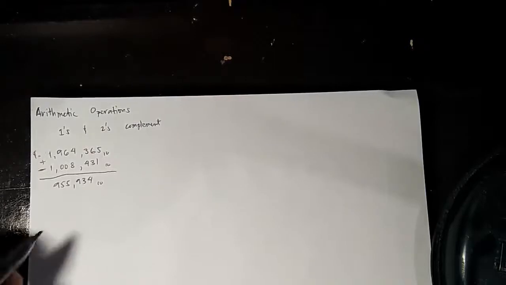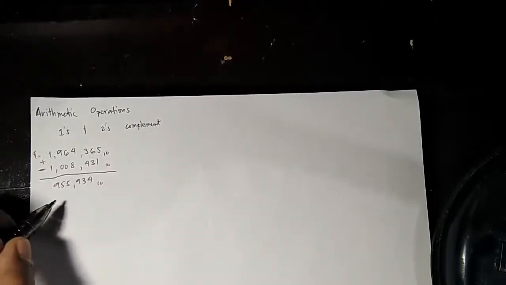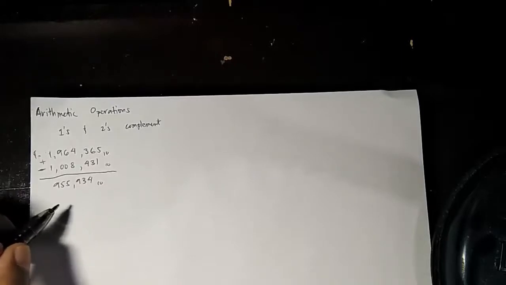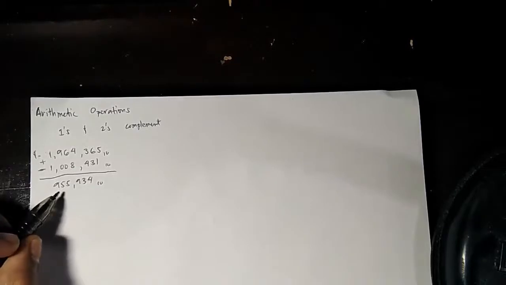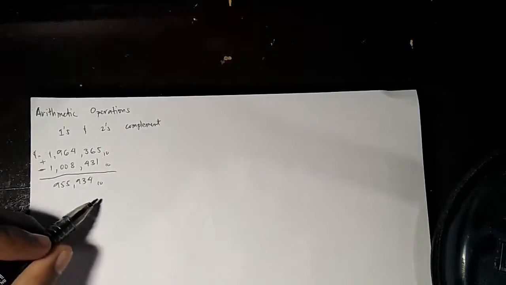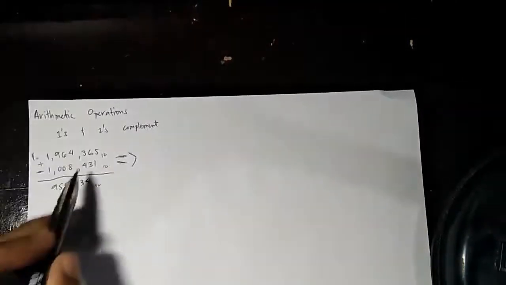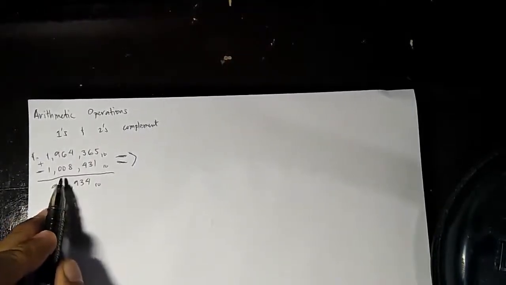So here we have calculated it in advance just to have a basis of our result later on. So we have calculated the result will be 955,934 base 10. So the first thing you're gonna do, you're just gonna convert these numbers into its binary form.